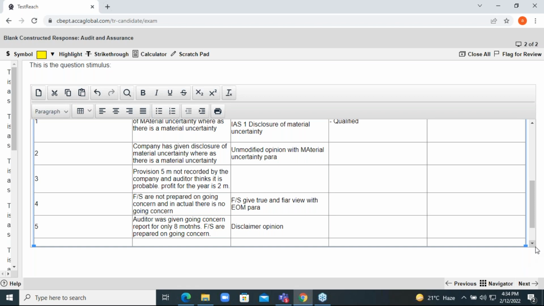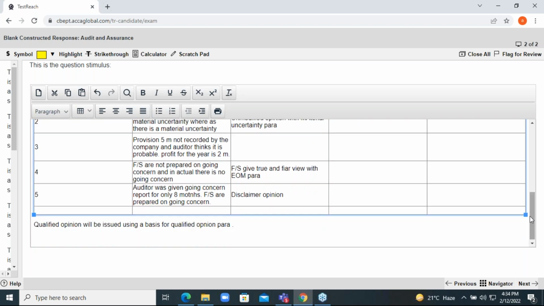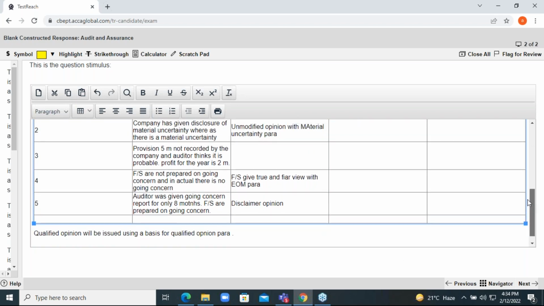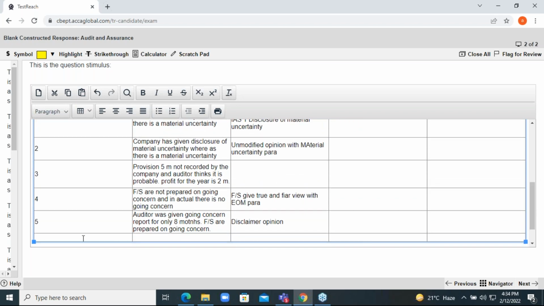So those students who have tried for it and who have said adverse were very close. They were just not aware of the sufficient appropriate evidence thing. So now onward, you can easily understand that if the evidence is for 8 months, then it is not complete and it is not sufficient appropriate evidence.